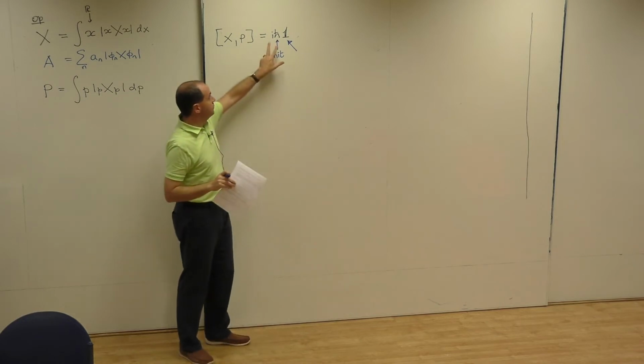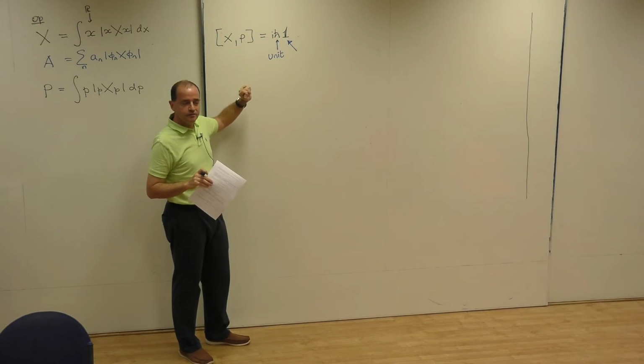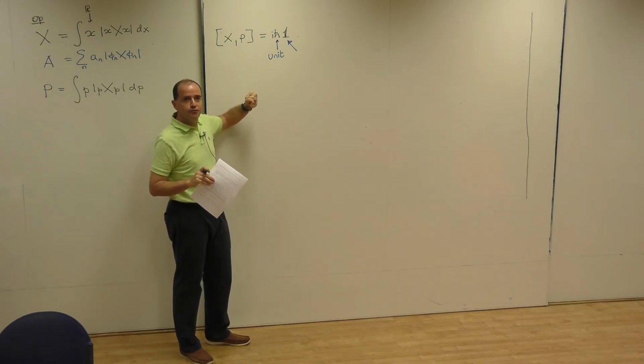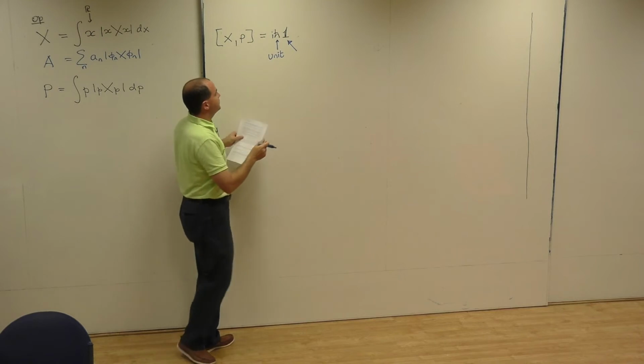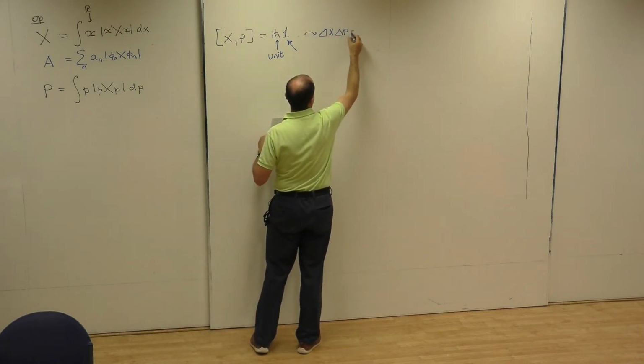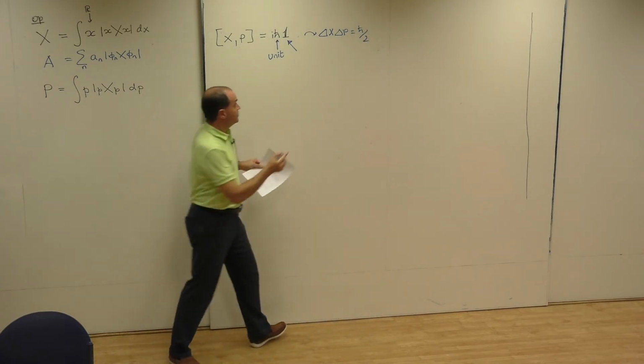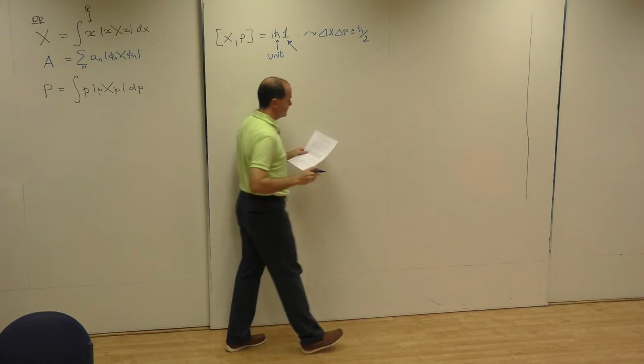Up to this complex number and this unit thing, the commutator is the identity. It means for every state, x and p do not commute. Right? Okay, this gives rise to the famous uncertainty relations, delta x delta p is larger than or equal to h bar over 2.